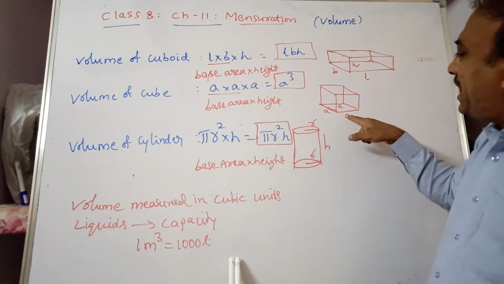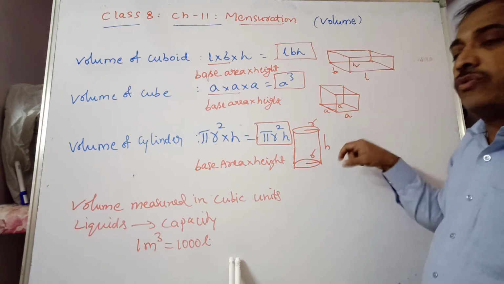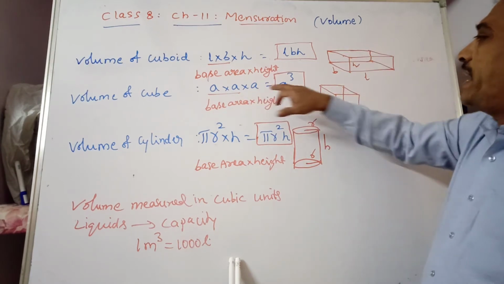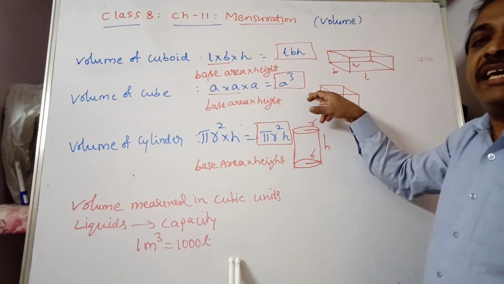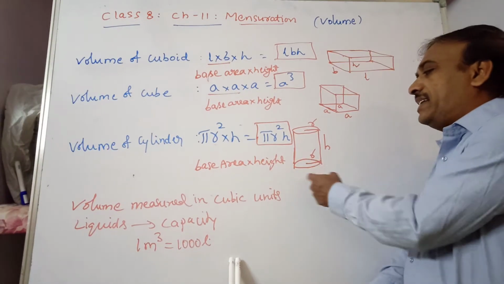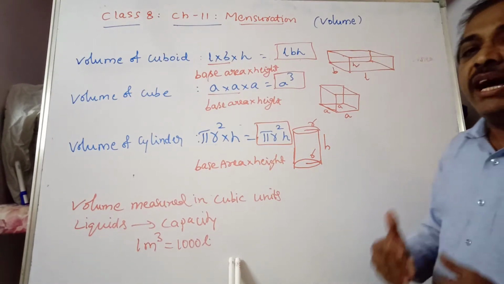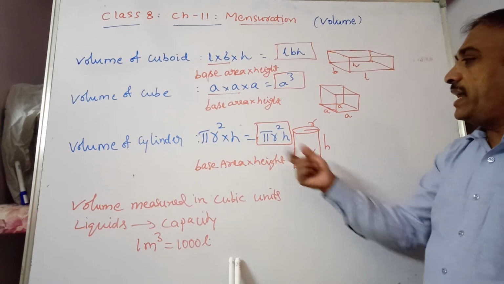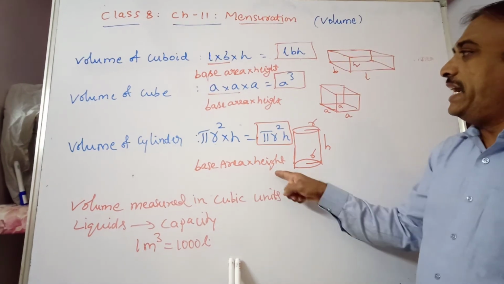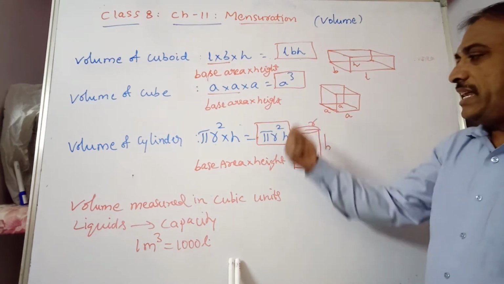For the cube, the base is a square shape, all faces are identical, so A into A, that is A square, into height A, so A cube, A to the power 3, is the volume of the cube. The volume of the cylinder is the base area, which is circular, the area of the circle being pi r square, into the height of the cylinder, which is pi r square h. So volume is base area into height.